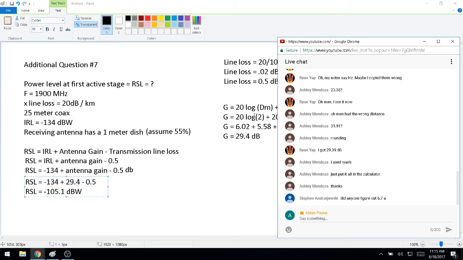So Steven's asking about 6.7 part A. Let's take a look.